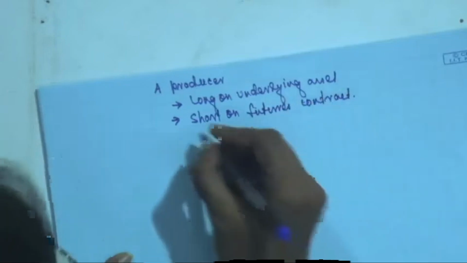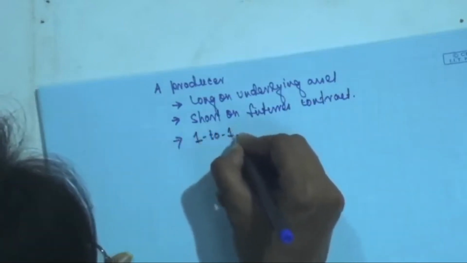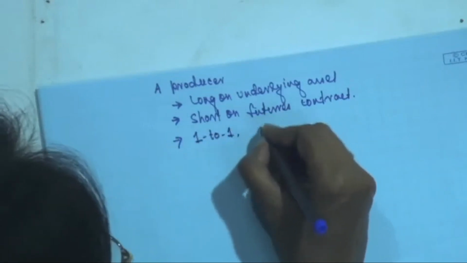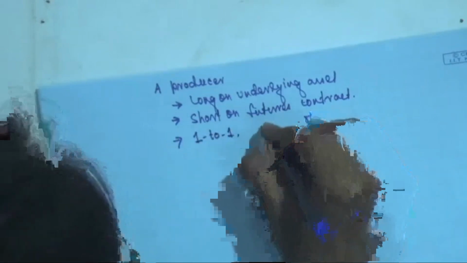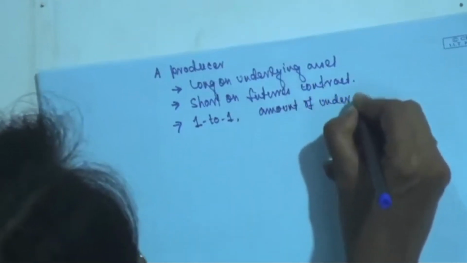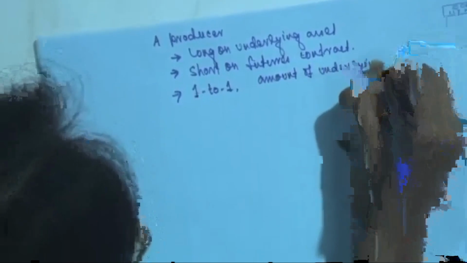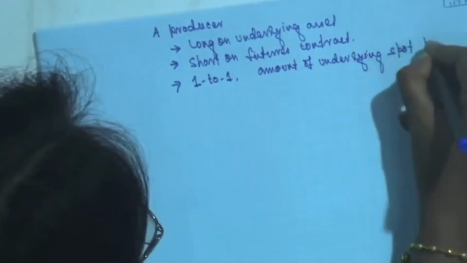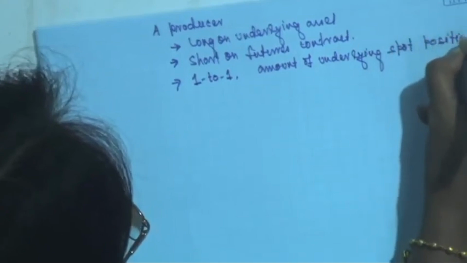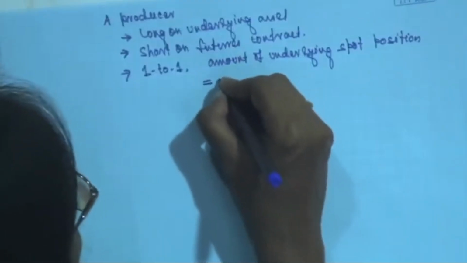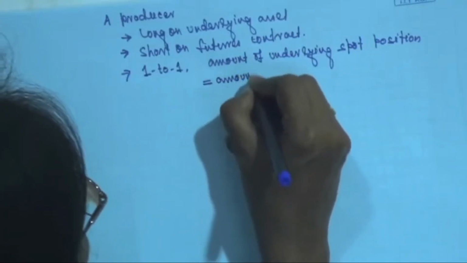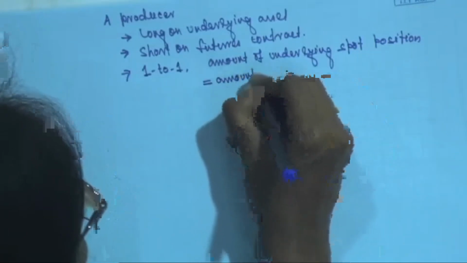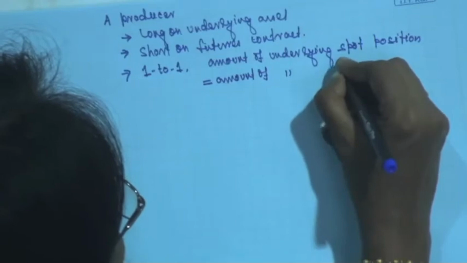In case of a one-to-one hedge, the amount of underlying is equal to the amount of the futures position.